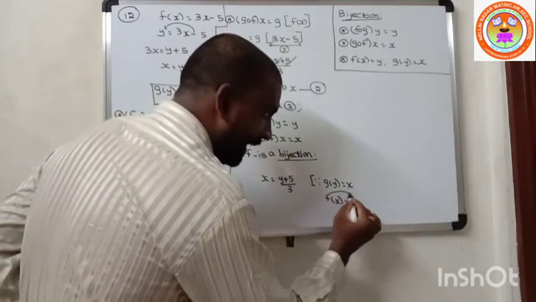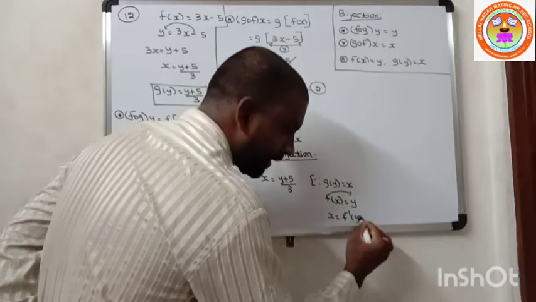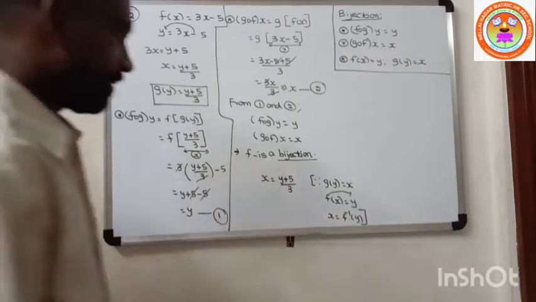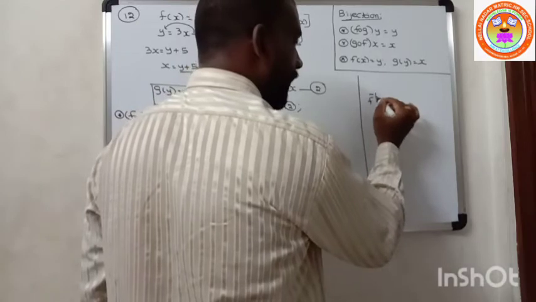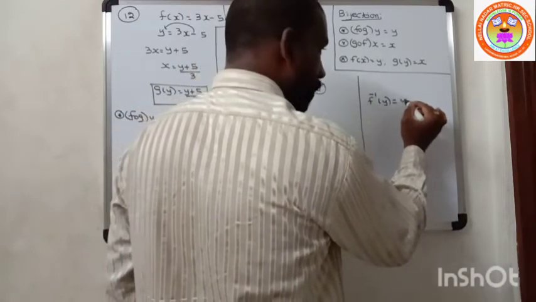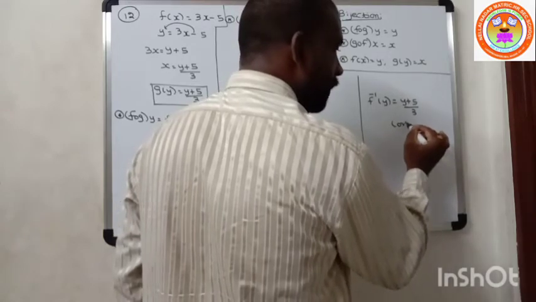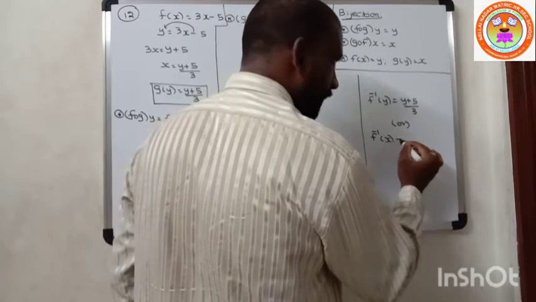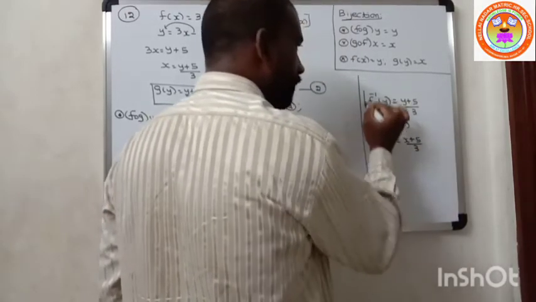F inside f inverse of y. So f inverse of y equal to y plus 5 by 3, or y replaced by x, f inverse of x equal to x plus 5 by 3.